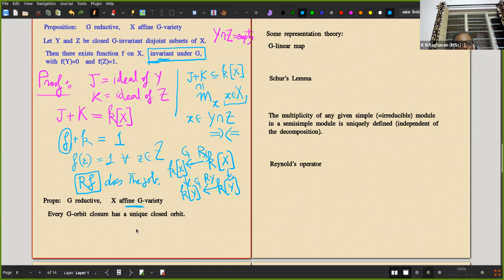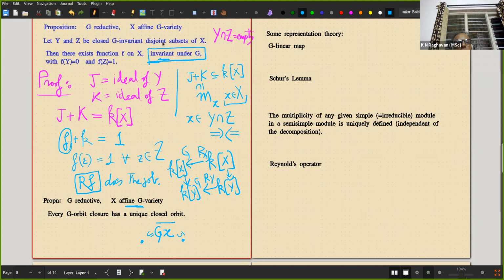Suppose not. So I take some G orbit, let's call it Gx, and its closure had two closed G orbits, one closed orbit and another closed orbit, both contained in the closure of Gx.